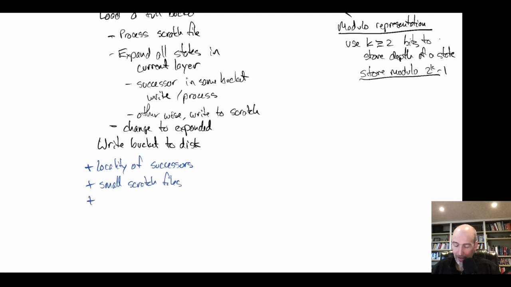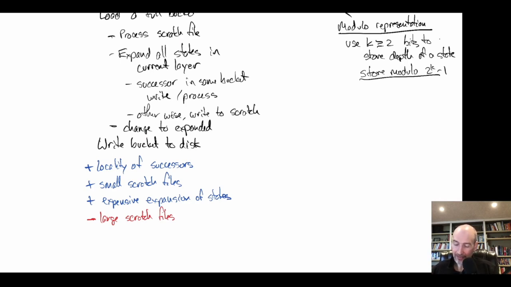And it works well when I have expensive expansion of states. And of course, if it works well when the scratch files are small, it's not going to work well when we have large scratch files. We'll have to spend a lot of time going back, cleaning up scratch files, going back, cleaning up scratch files.